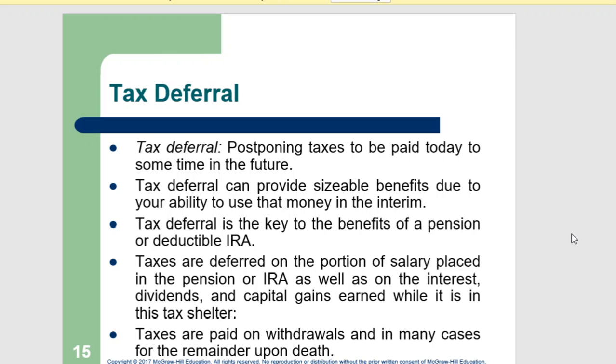So the tax doesn't go away, but because it's put off until so far in the future, instead of paying tax as a 22, 25, 28-year-old, you're paying tax as a 65, 68, 72-year-old. Those investment gains are huge, right? That money has had 40 years to grow, and so it ends up being much, much bigger when it comes time to take it out. And yeah, you pay tax when you take it out, but the fact that you've deferred it so long puts you in a much, much better place.